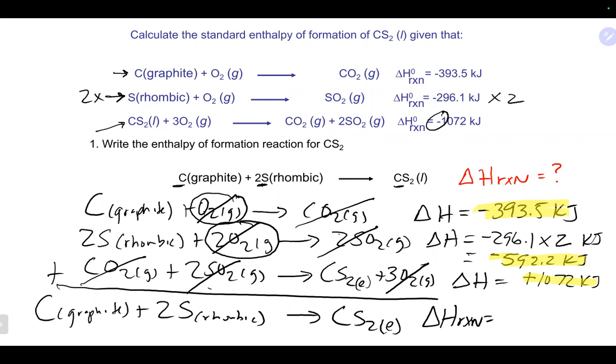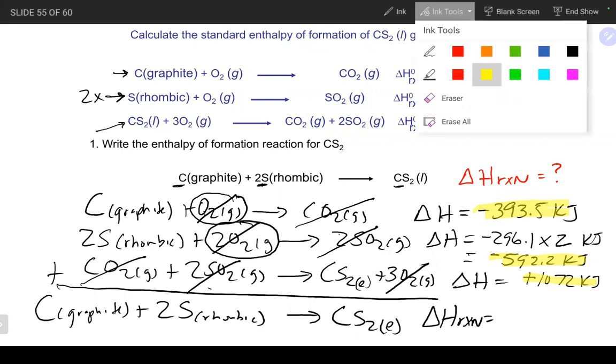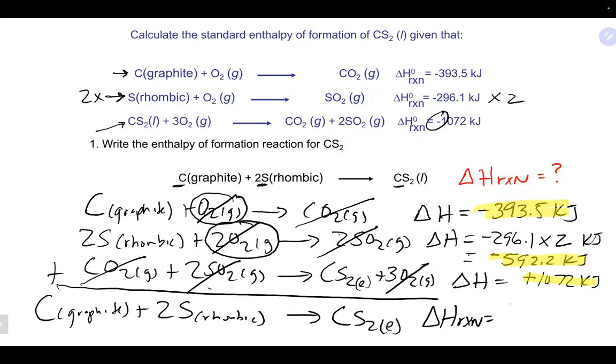Gives us an 86.3 kilojoules in this case. And that means that this reaction is again going to be endothermic, right? And positive value. Any questions on Hess's law and how to kind of do it there?